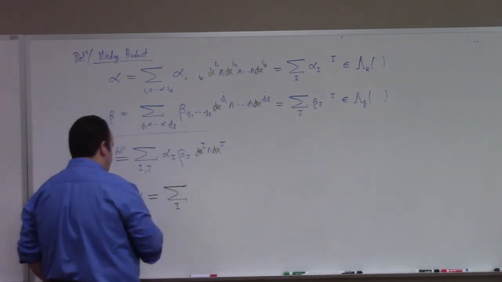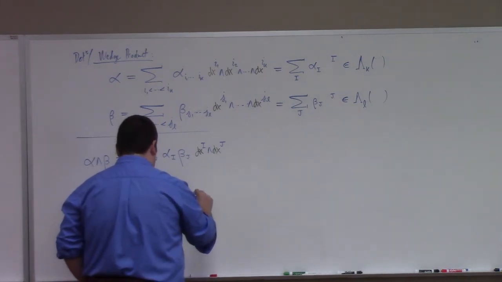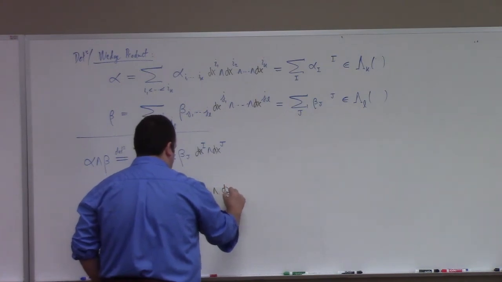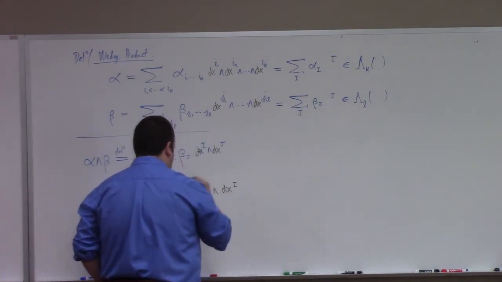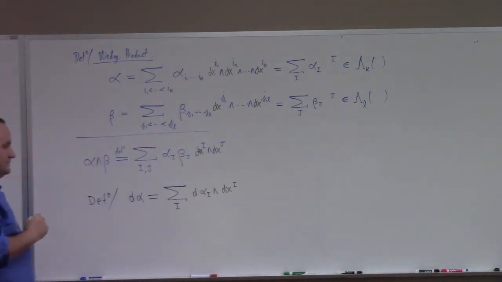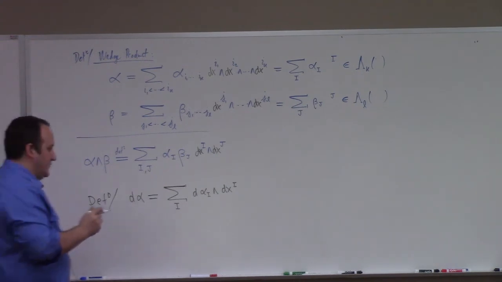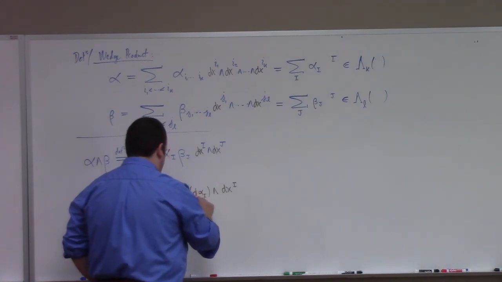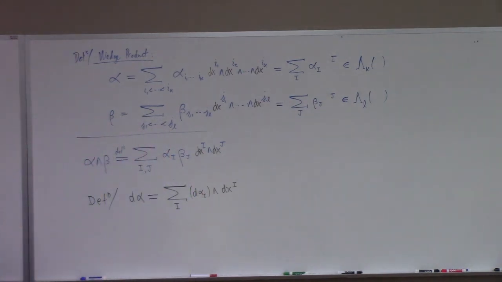Sum over I of d alpha I wedge dxI. I won't be stingy, I'll put in some parentheses for you. There you go. The d alpha I, that's the total derivative of a function, right? We're mostly going to be thinking about differential forms on Rn, all right?